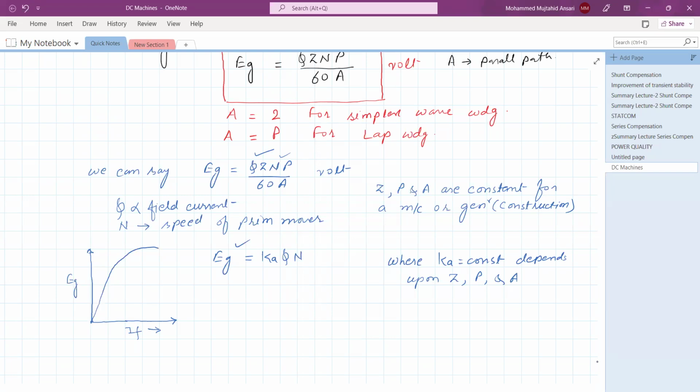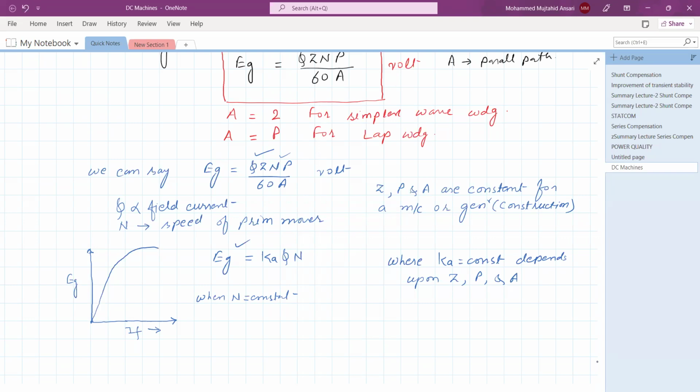So it shows that the EMF generated is directly proportional to flux when speed is constant, say 1500 RPM or 1000 RPM and so on.